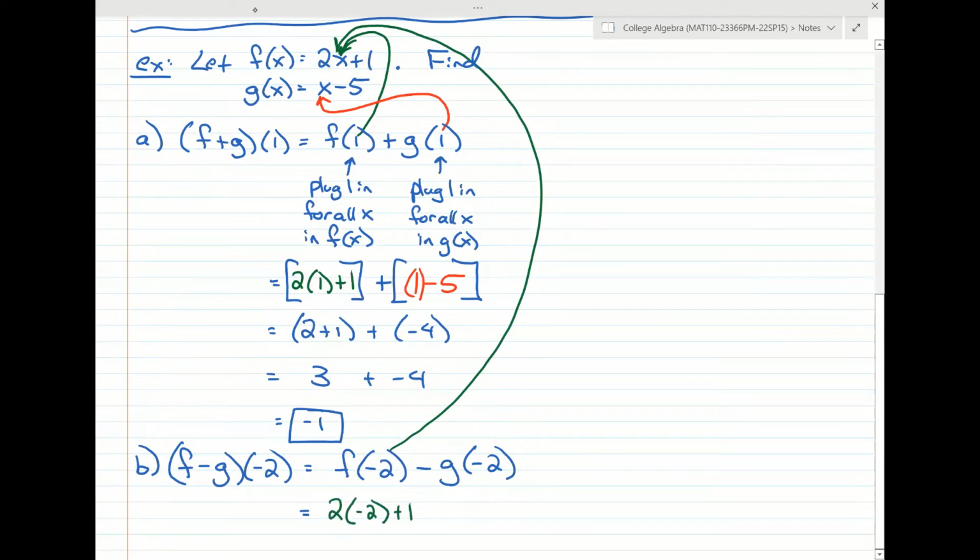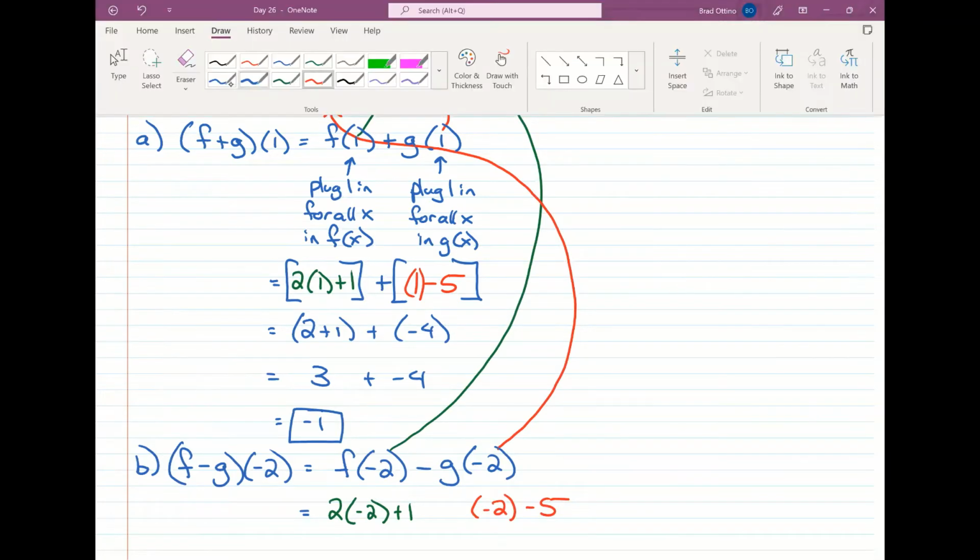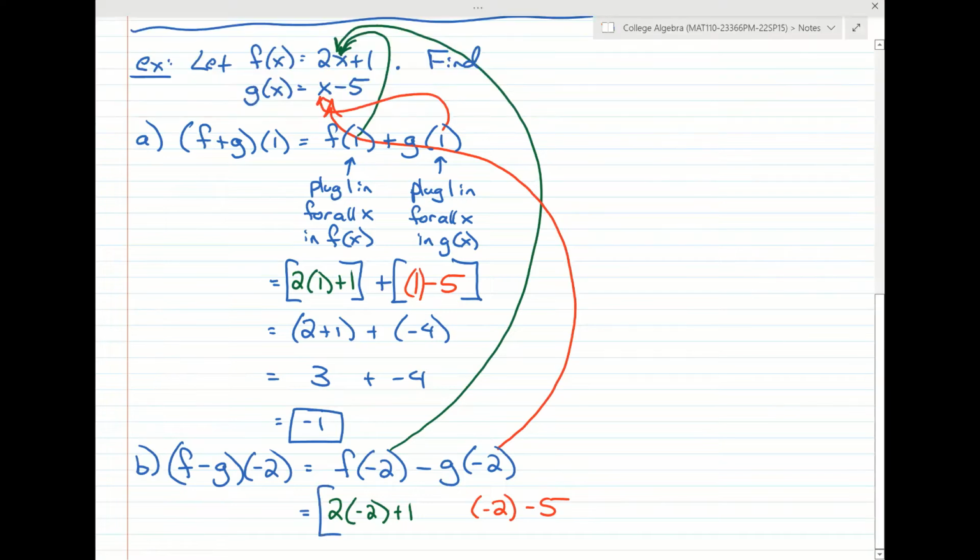And then I'm going to plug in negative 2 for the g: negative 2 minus 5. I'm going to make sure I use grouping symbols, since I'm going to be subtracting g of x.